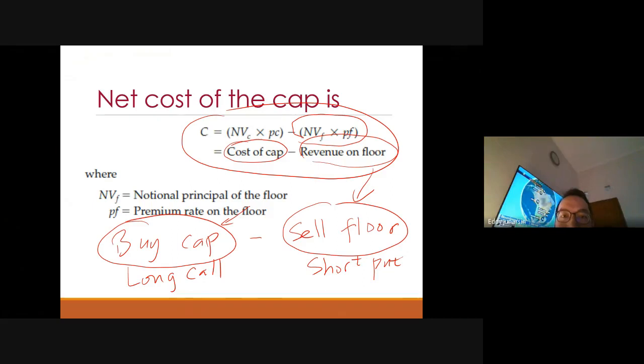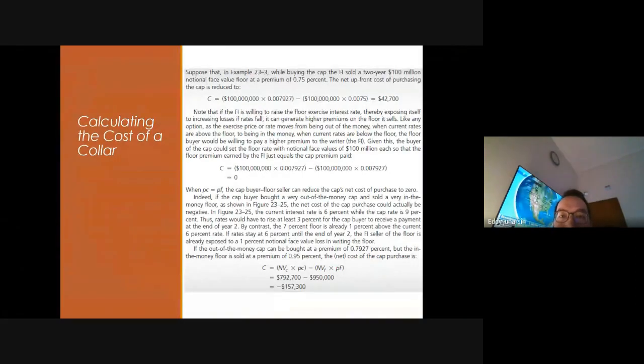So see an example here. The contract size is 100 million, right? And suppose that you buy the cap at a certain level, then you have to pay the premium.